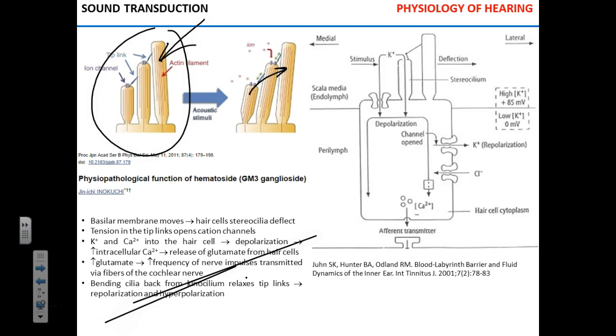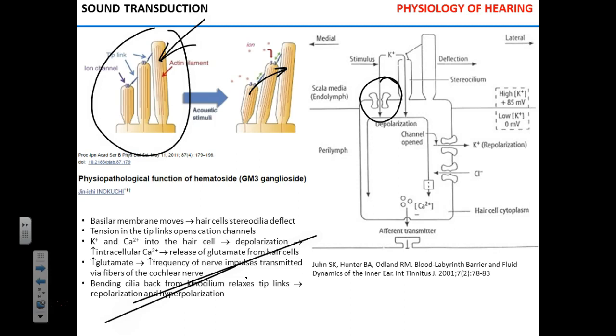As they move towards the kinocilium, that mechanical tension opens potassium channels, and potassium flows into the cell. Diffuses, actually. Does that sound weird, or does it sound normal? It does. Why?